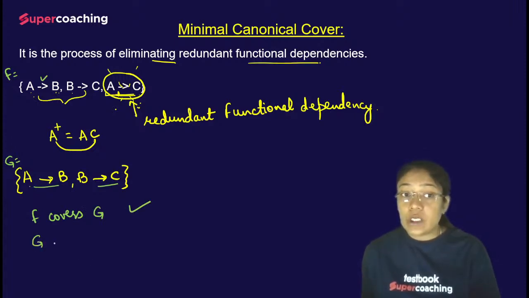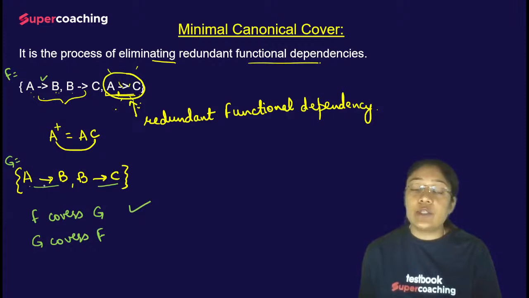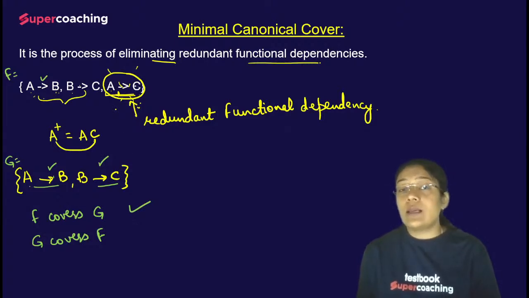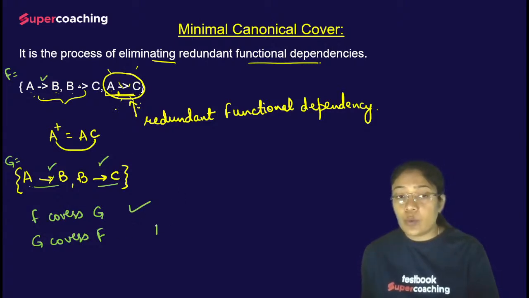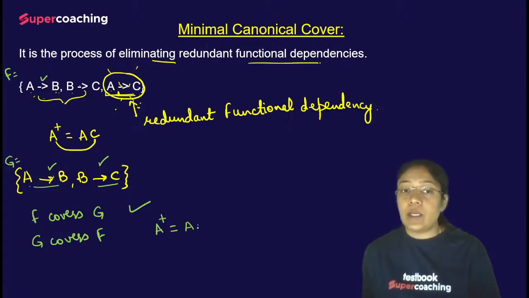Check if G covers F or not. All the dependencies of F should come from G. A determines B is there, B determines C is there. These are directly implied. Check for the last dependency. So in G, we will find A closure. A closure is A, B, C. So from here we are getting A determines C.